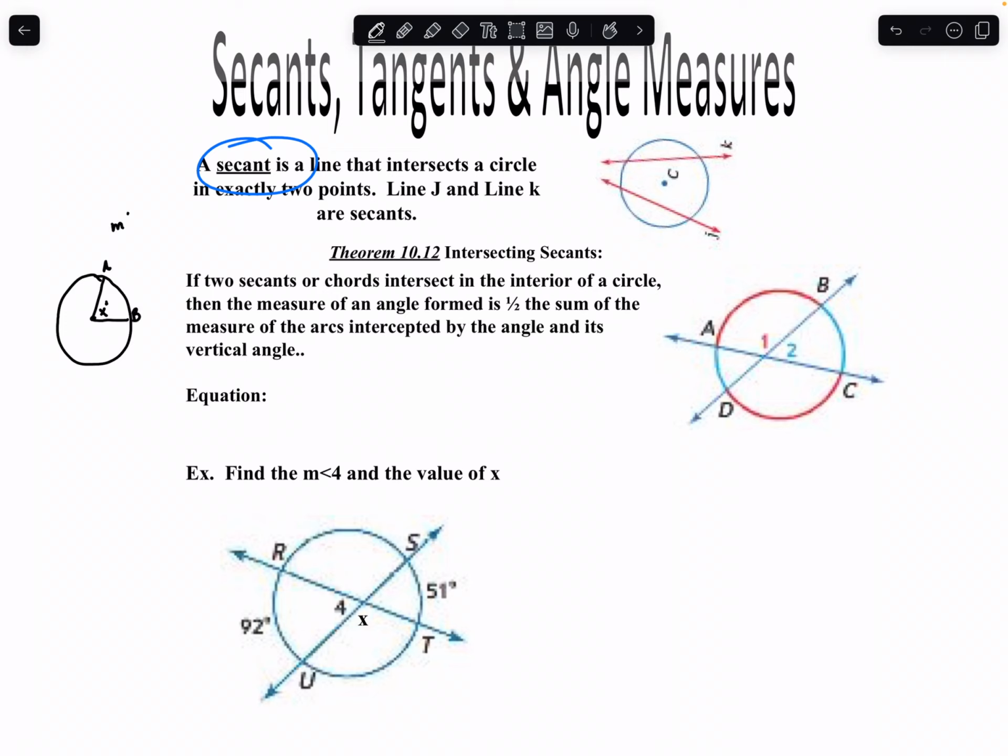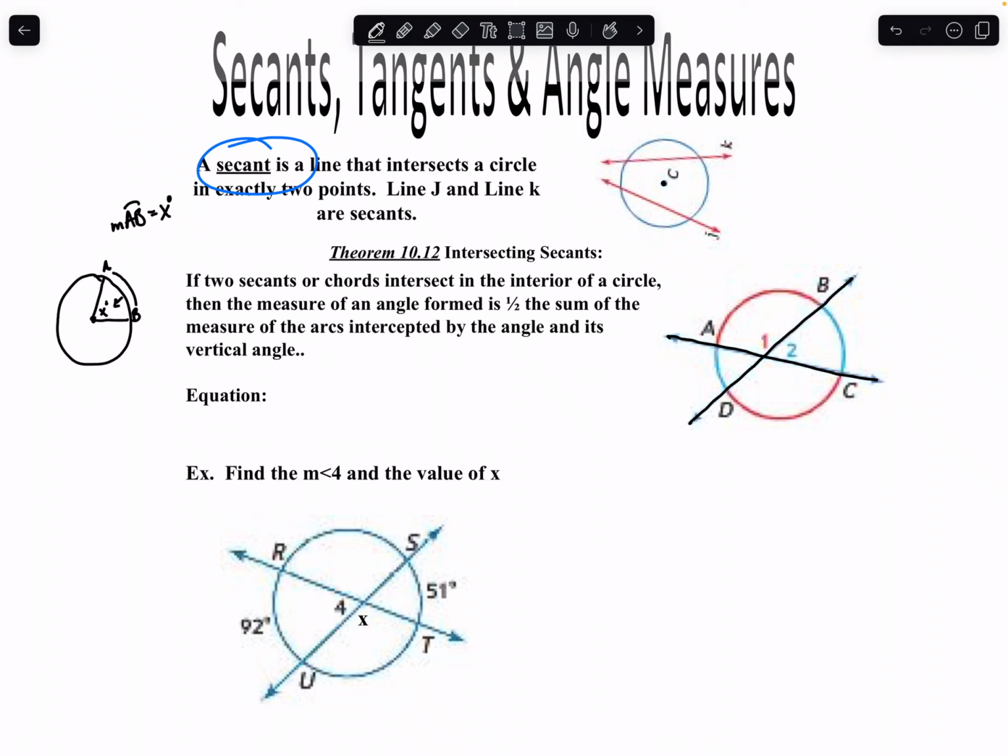The measure of AB is equal to whatever x is. This arc measures the same because it's coming from the center. So now here we have two secant lines that are intersecting, and as you can see, these secant lines intersect somewhere in the circle, not in the center.